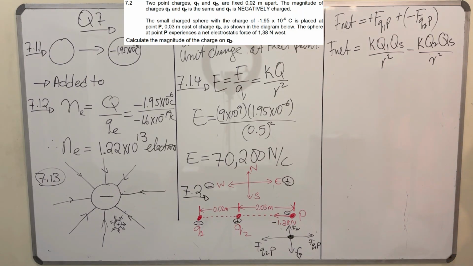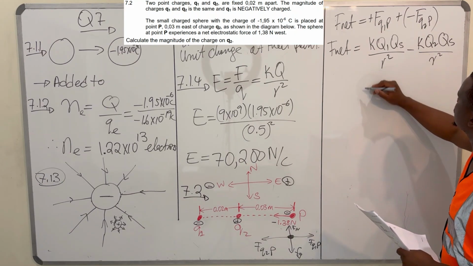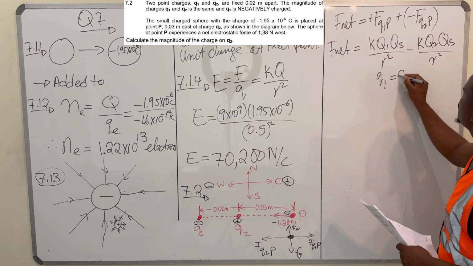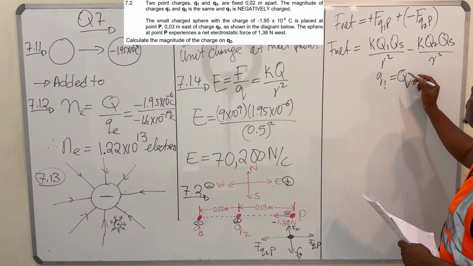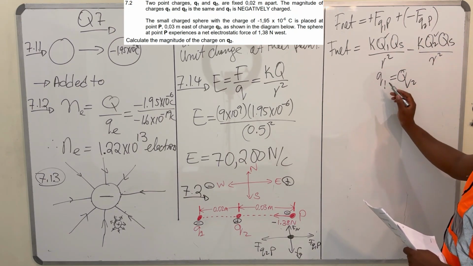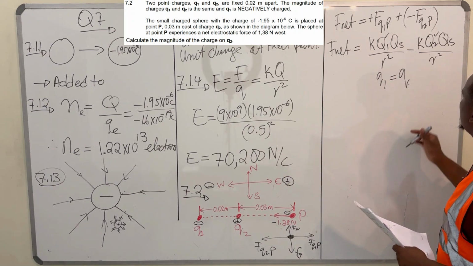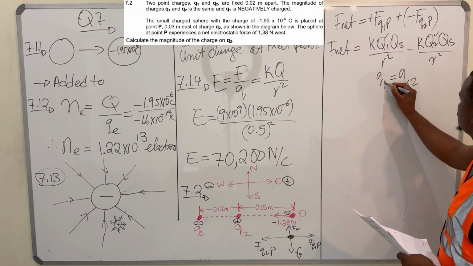Right? Now we're left to substitute. What were we told? We were told that Q1 is equal to Q2, right? So we can substitute the same thing there, because we're told that they are equal, Q1 and Q2.